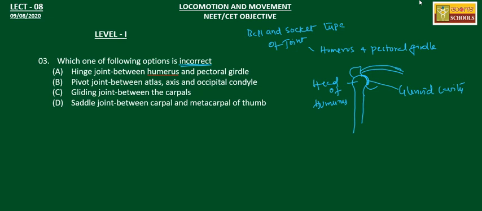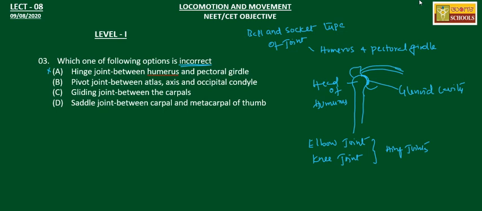So the hinge joint is not present between the humerus and pectoral girdle. You may see the hinge joint in the case of the elbow. The elbow joint and knee joints we can take as hinge joints. Hence this is a wrong statement.